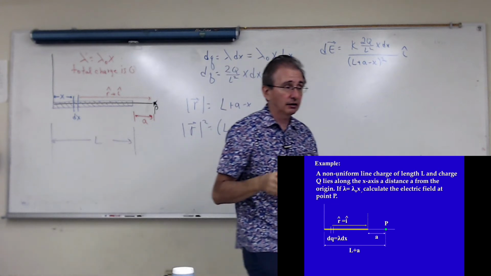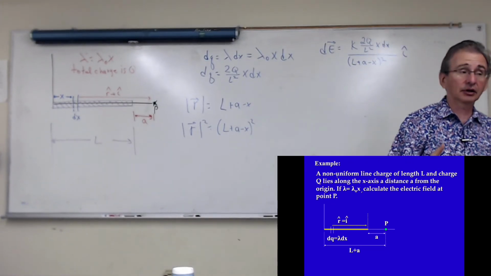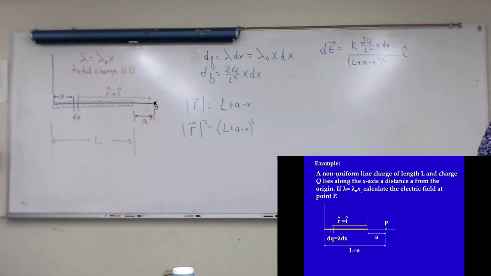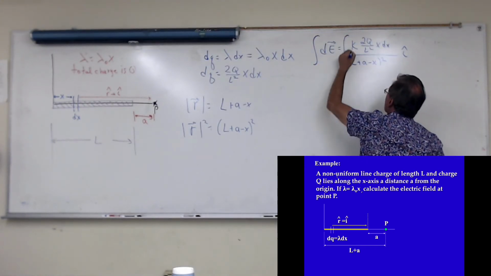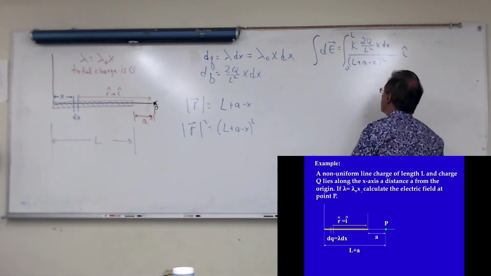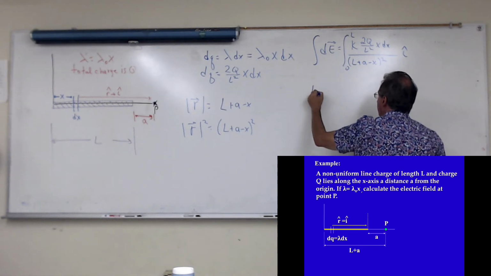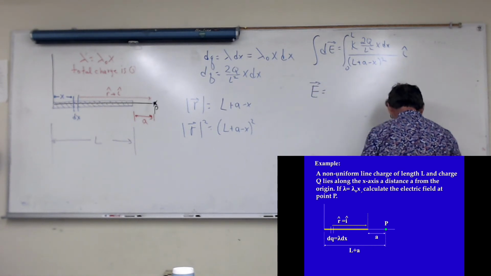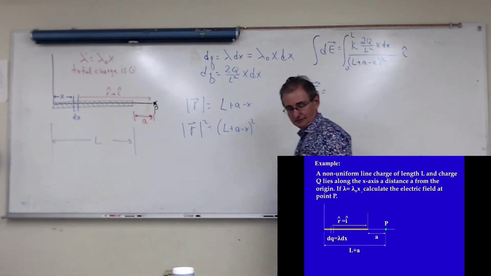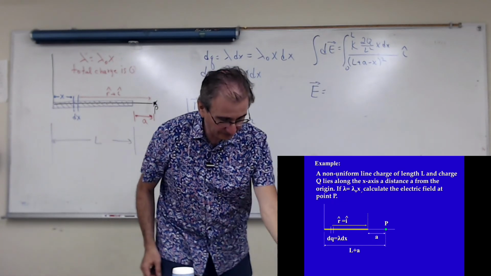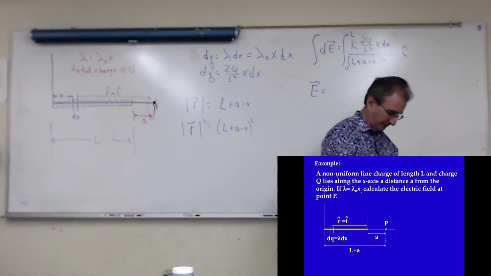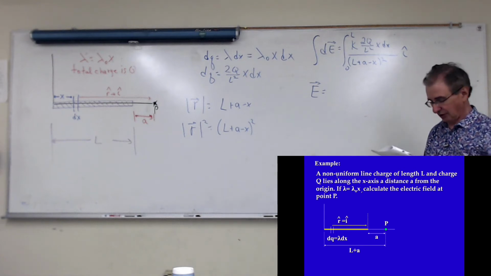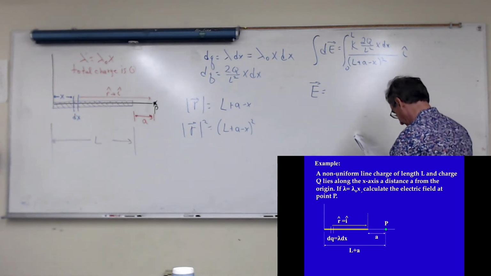If I want to find the total field, then I have to integrate over the whole rod. Okay? So let's integrate this over the length of the rod, and that'll give me the electric field. So I'm not going to spend time evaluating the integral. You can do this one by parts for fun. I'm just going to give you the answer if you don't mind. And here's the answer.